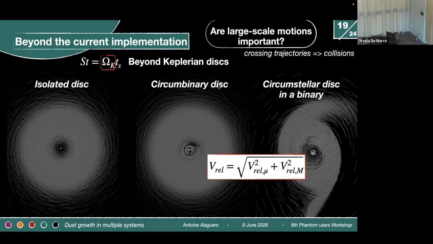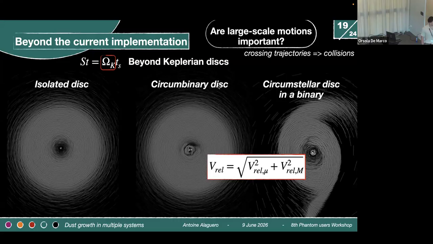It means that when we compute that relative velocity, we are representing the unresolved motions of these tiny dust grains, right? Remember? And we just assume that the background flow is Keplerian. But in reality, it's not at all the case.